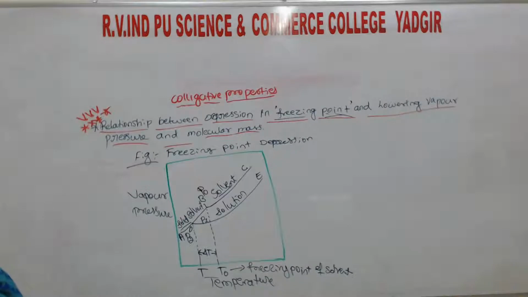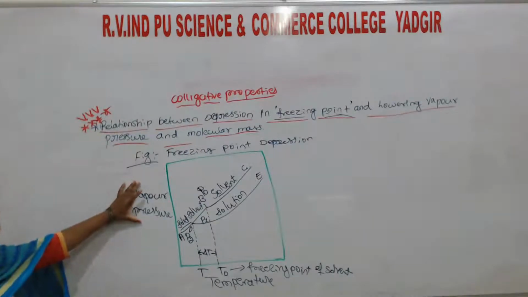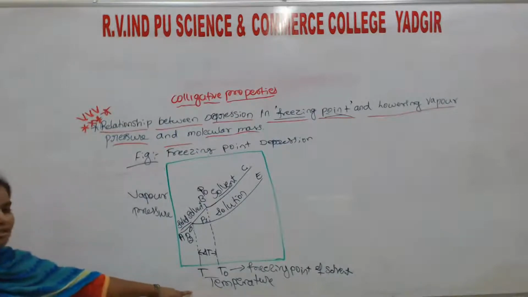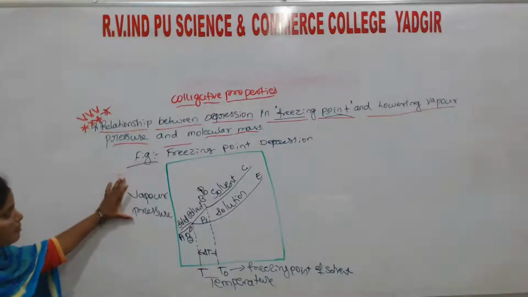Explaining the vapor pressure curves: according to this axis we have vapor pressure, and according to this axis temperature, so pressure versus temperature. Good.